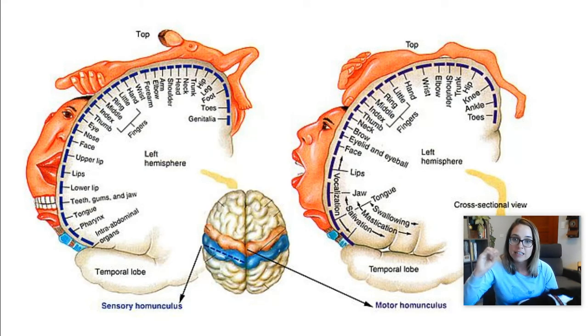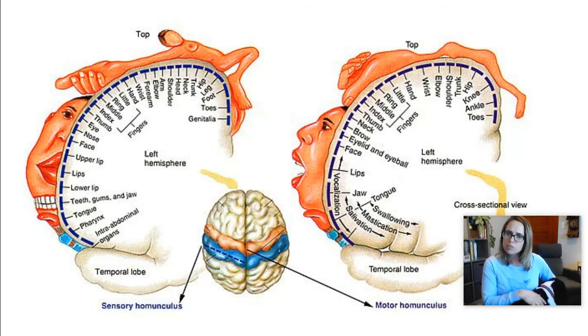We have excellent motor control of our hands. And also, if you remember when we did our sensory lab and we put dots on different parts of the body, our hands were way more sensitive in pinpointing areas than, say, your leg and other body parts. We have way better sensory information on our hands and face.